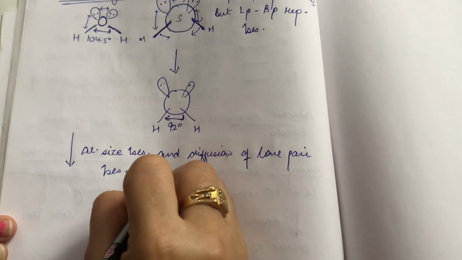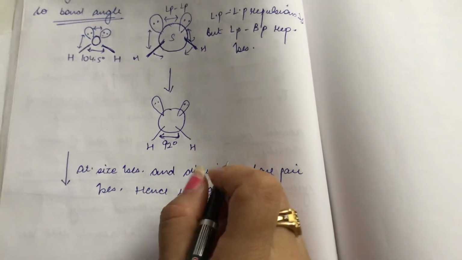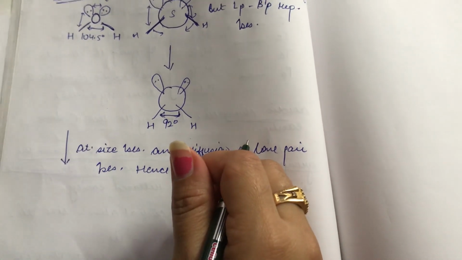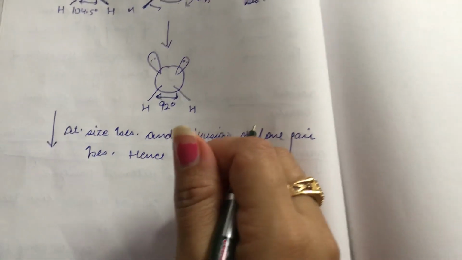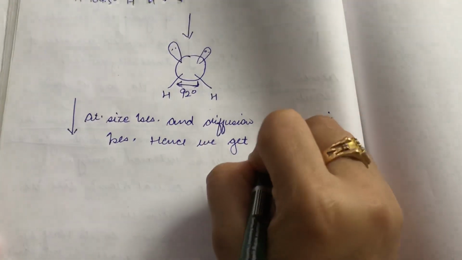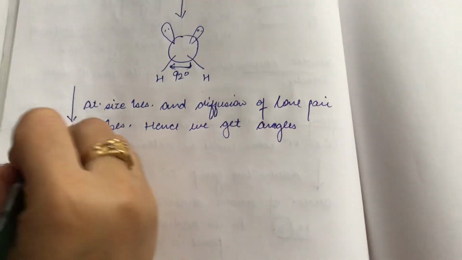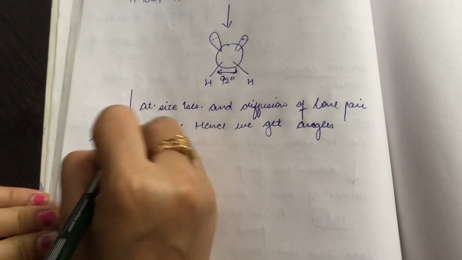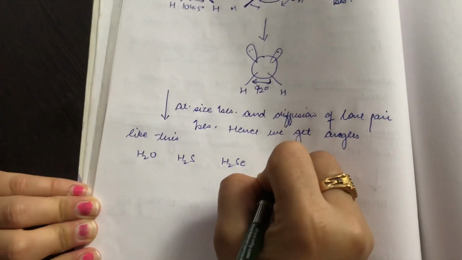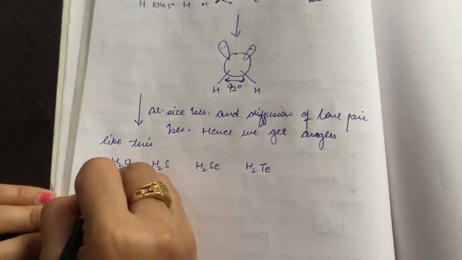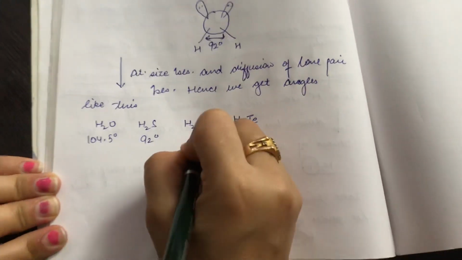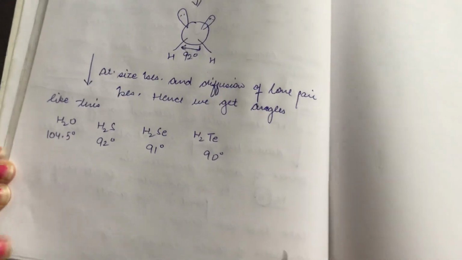Hence we get angles like this: H2O, H2S, H2Se and H2Te: 104.5 degree, 92 degree, 91 degree and 90 degree.